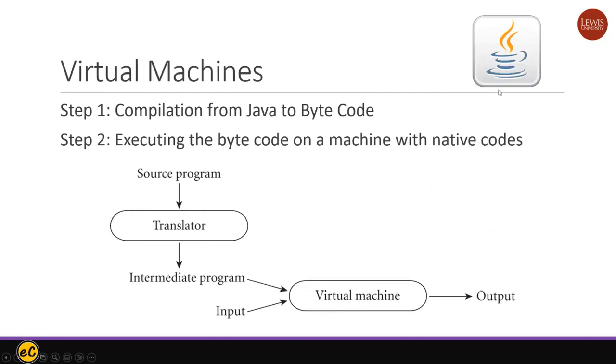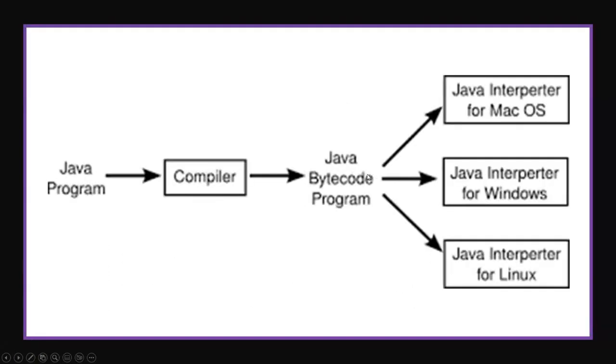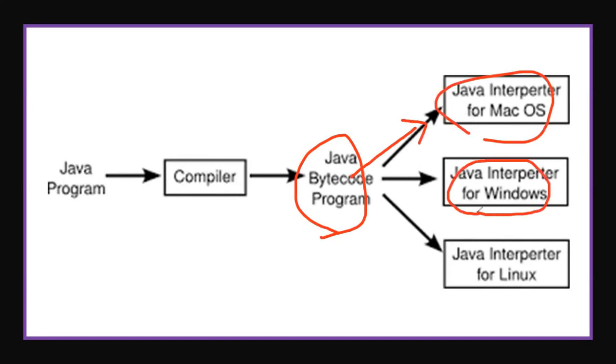And the typical hybrid type is Java. Java has the Java virtual machine. Your source program is translated to an intermediate program and then runs with the Java virtual machine. So the Java program is compared to the Java bytecode program, and the Java bytecode program is an intermediate code. This can run on the Java virtual machine on Mac OS, on the Java virtual machine on Windows, and also on the Java virtual machine on Linux. Because of this, Java programs are portable.